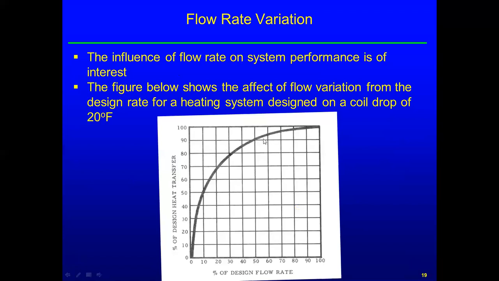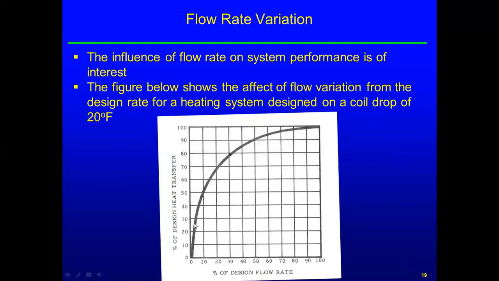So if you're going to really cut back on the amount of heat transfer of this coil, you're going to have to drastically reduce the amount of water. If you want to get down to, say, 50% of the heat transfer, you're going to have to go to 10% of the flow. That's a huge action, and still 50% of the heat transfer may be too much.